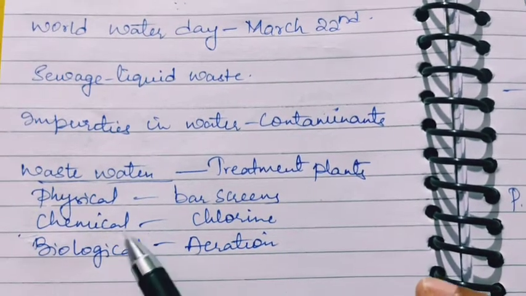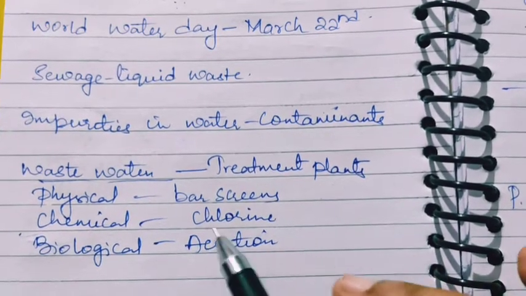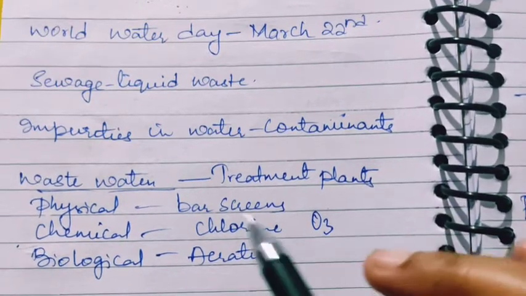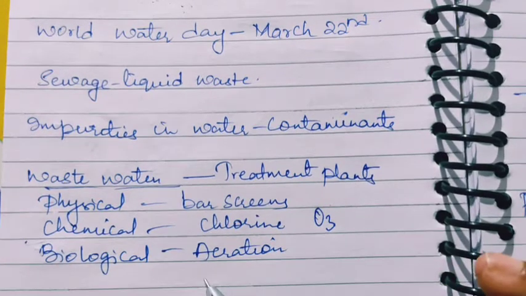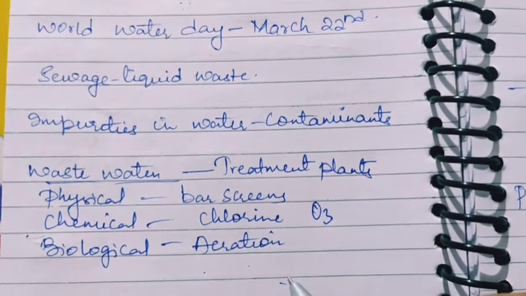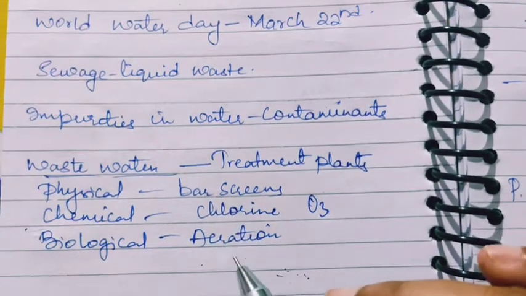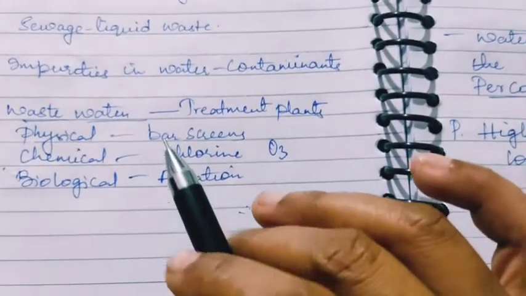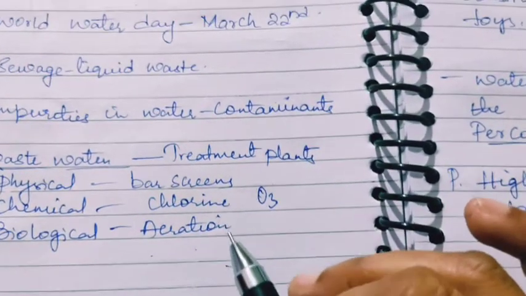Through chemical, the chemical used is chlorine and sometimes ozone is also passed for chemical treatment. And biologically, air is pumped so that aerobic bacteria grow through aeration and decompose any waste present in the water, and the water is clarified. So in this manner, the wastewater can be purified and used for different purposes.